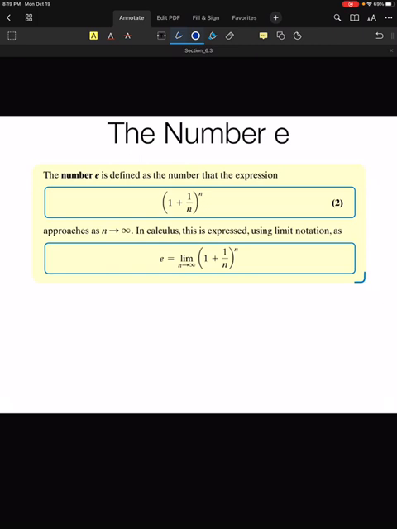It's a special number, but e is really 2.718, and then the decimals keep on going. But it's just a number, like pi, right? But it has a special meaning, or it comes up a lot for exponential equations and logarithms, which we'll see next time. So that's e.